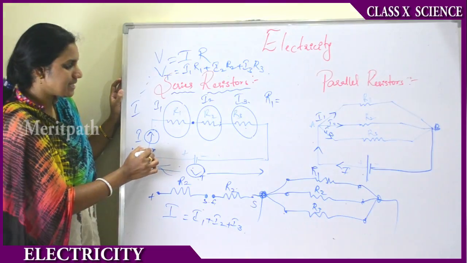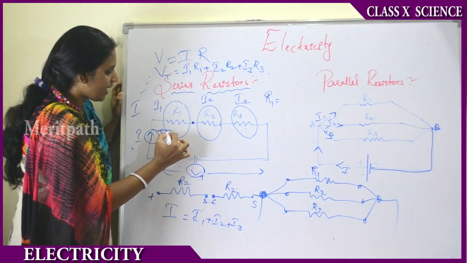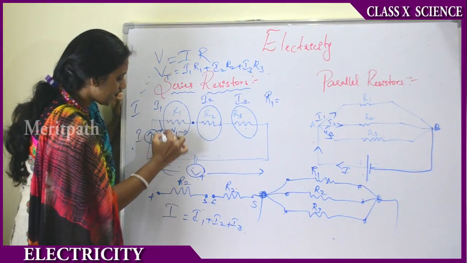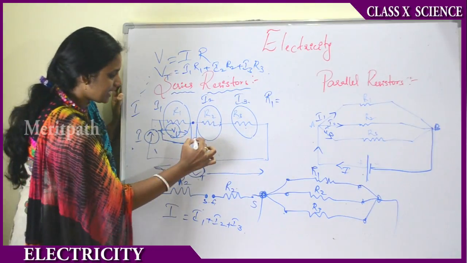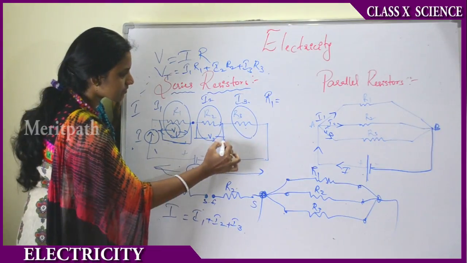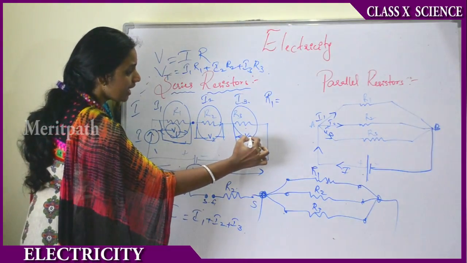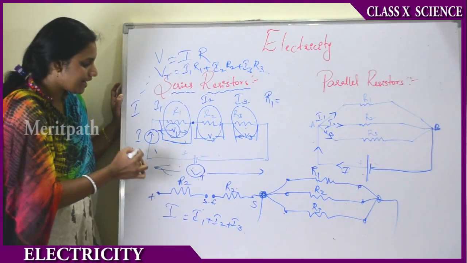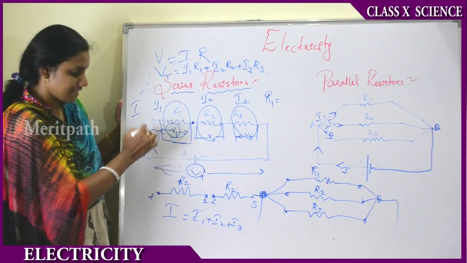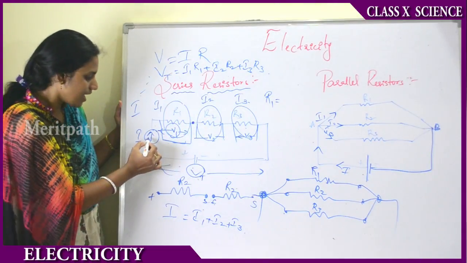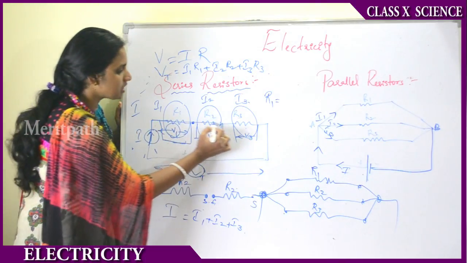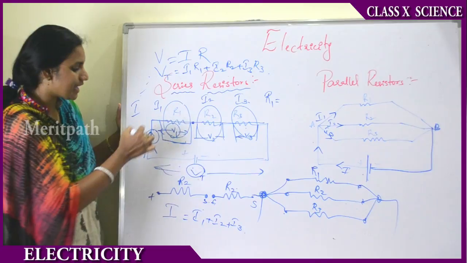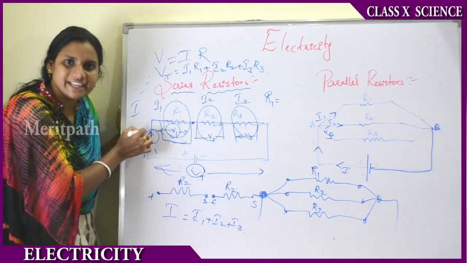Now here we will see that the voltage is divided across each resistor. That means the amount of voltage developed is V1 here, V2 here, and V3 here. You can observe that the current flowing through the resistors is the same, because the same current flows through the whole circuit. Therefore, the current is not divided in the series resistors.